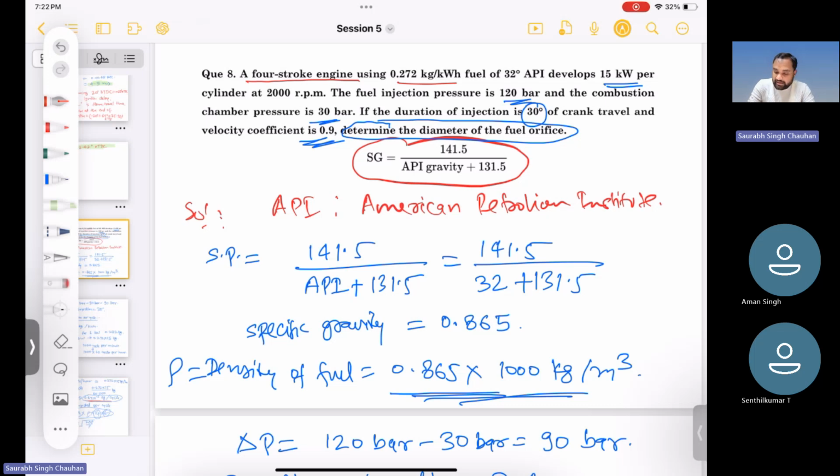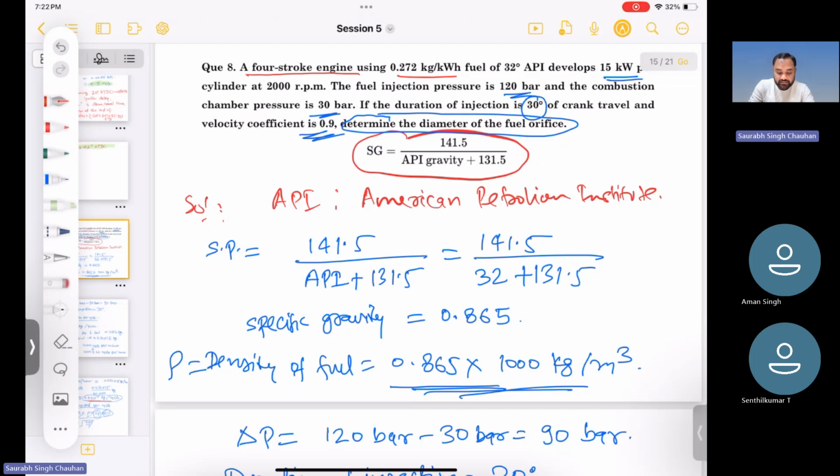Fuel injection pressure was given and cylinder pressure was given, so we can calculate the pressure difference, and using the formula we can calculate the velocity, because we have the density, we have the pressure difference, and we have the velocity coefficient.